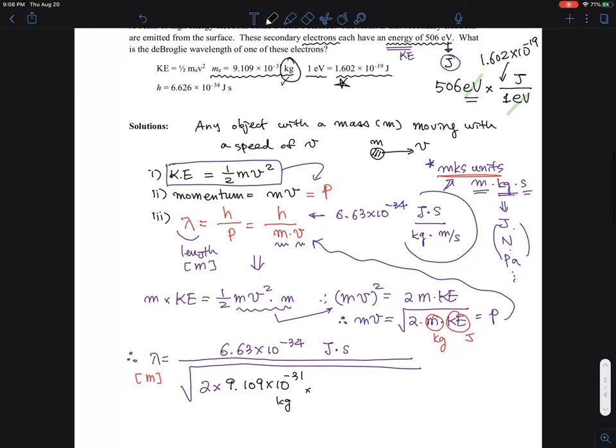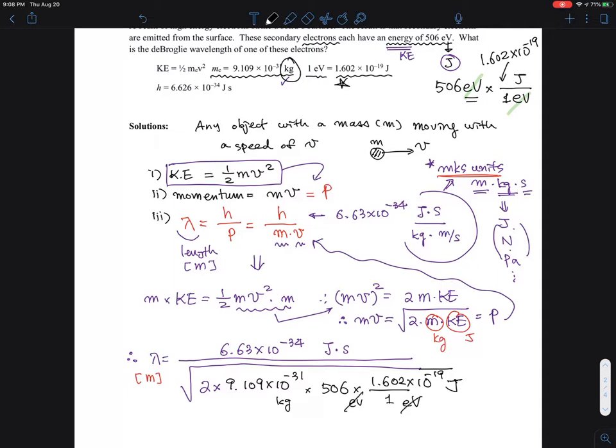So 506 electron volts times 1.602 times 10 to the minus 19 joules per electron volt.